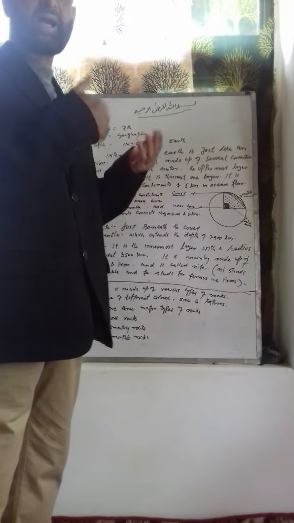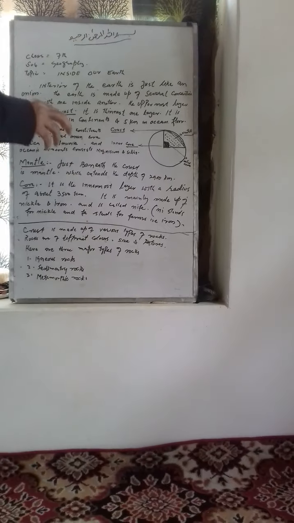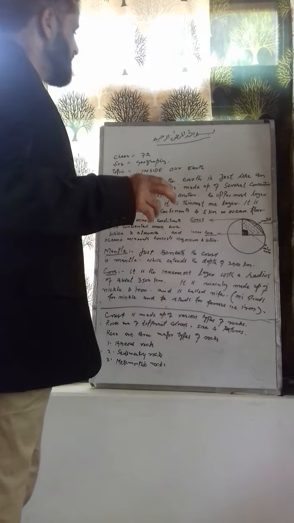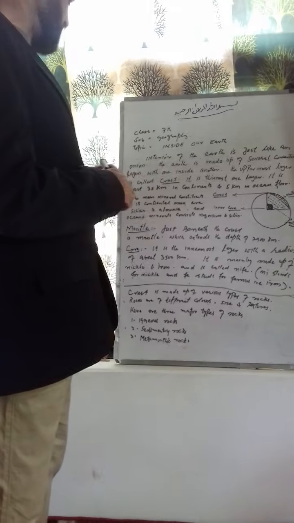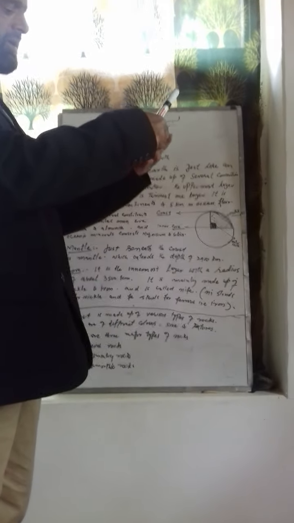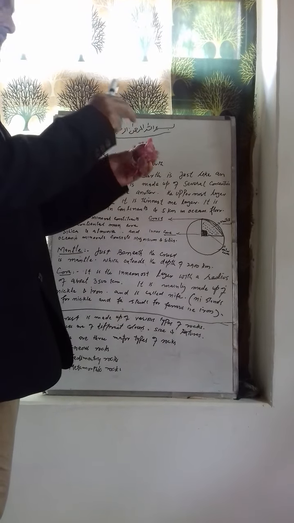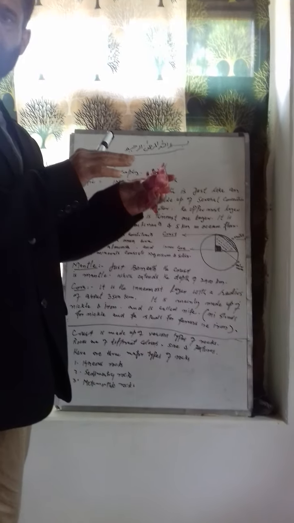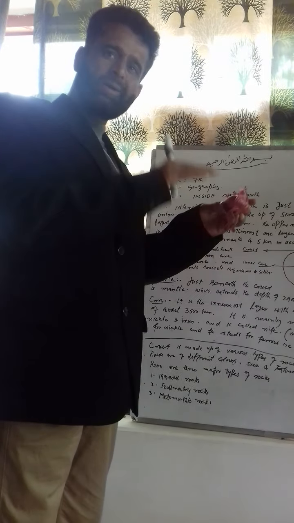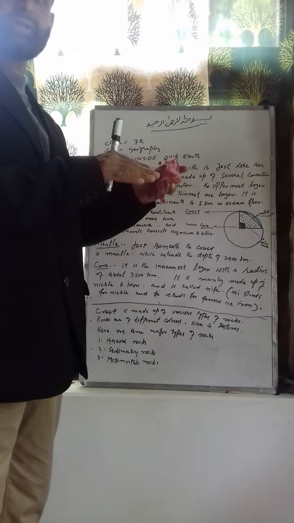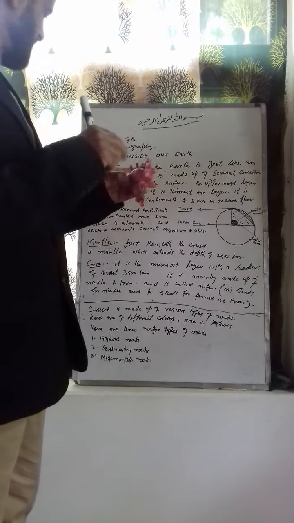This earth is made up of several concentric layers with one inside another. The uppermost layer is called crust, as this is the uppermost layer of an onion. So is the case with earth. The uppermost layer of the earth is known as crust.